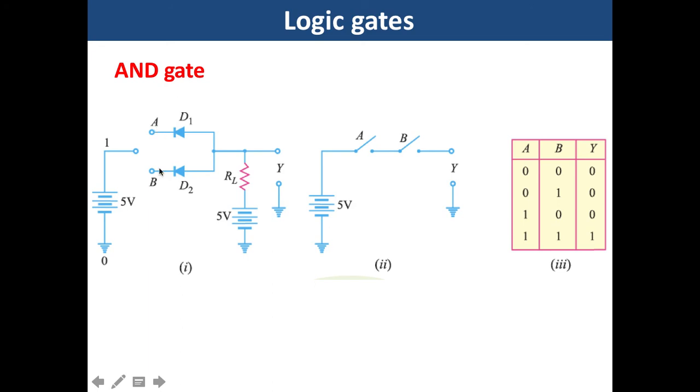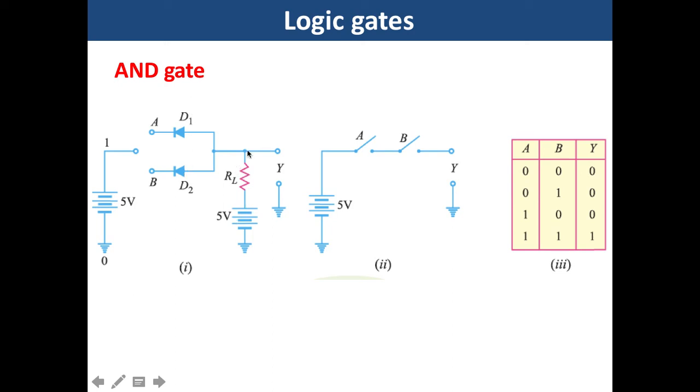If A and B are connected to ground, it means diode D1 and diode D2 will be forward biased, because this is negative, this is positive, this is negative, and this is connected to ground. So D1 and D2 both are forward biased and conduct a current.